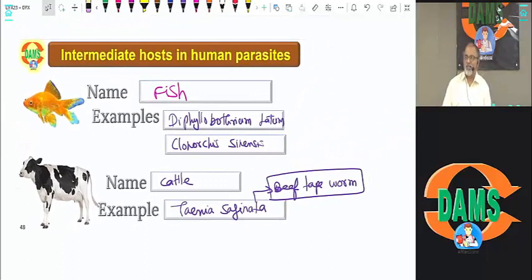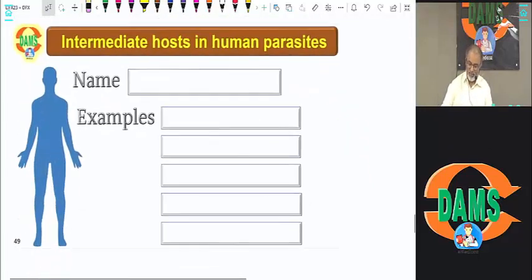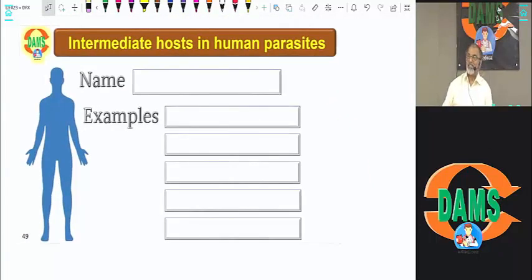Make a list of intermediate hosts. We have seen intermediate hosts: fish, cattle, plant, apart from that crab, snail, cyclops, everything. What next? Human. Where does human act as an intermediate host?